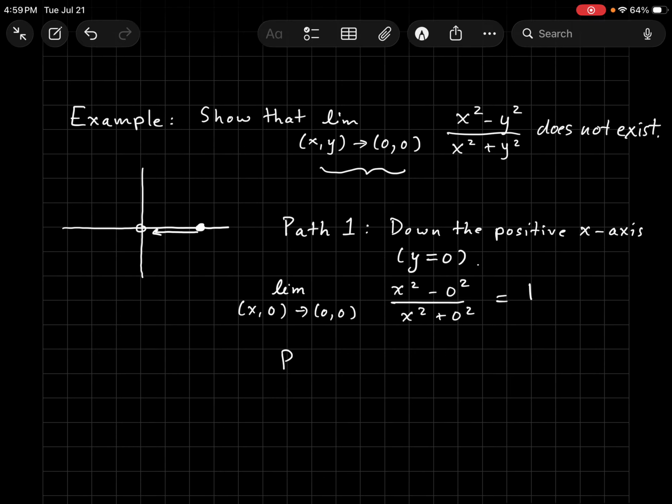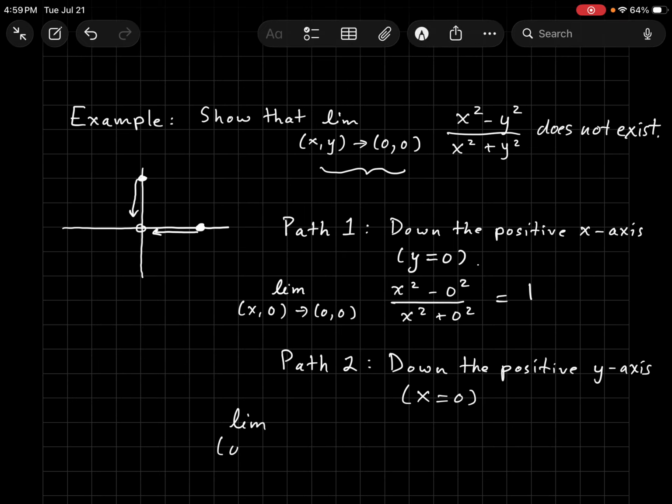Let's try another path. Let's do another simple path, and let's go down the positive y-axis. And so maybe I'm starting up here with some values, and I'm going down this way, down the positive y-axis, where x equals 0. So we're finding the limit as (0, y) goes to (0, 0).